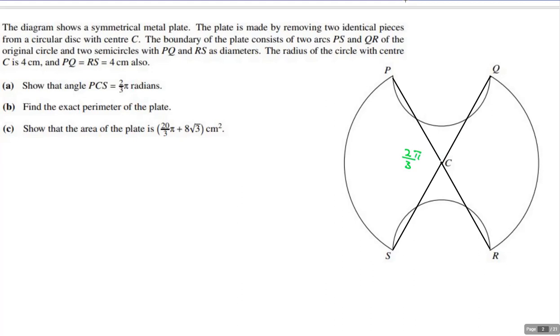All right. So here's the trick about this one. We need to find the area of the plate. So what do we got to do? Remember, what did this whole thing start out to be? This whole thing started out to be a circle, yes?